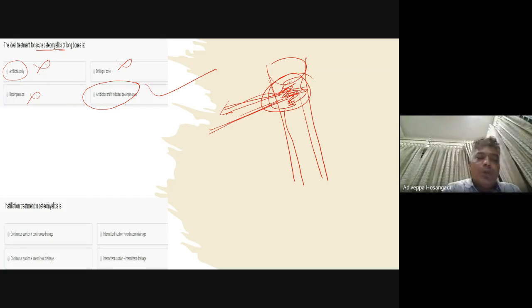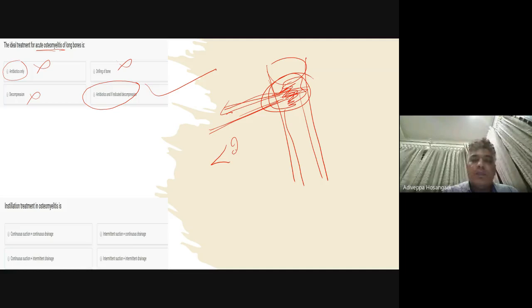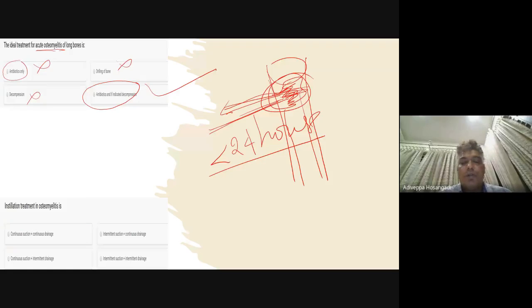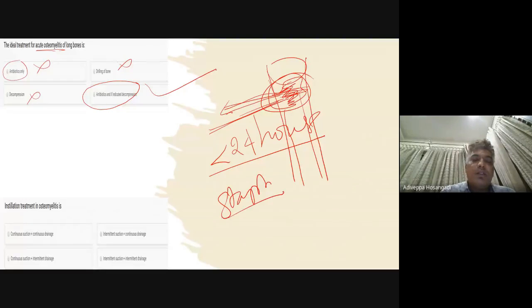Again, antibiotics only is possible if you see the patient within 24 hours of the infection. If the patient presents to you then, just antibiotics which cover staph aureus might be sufficient.